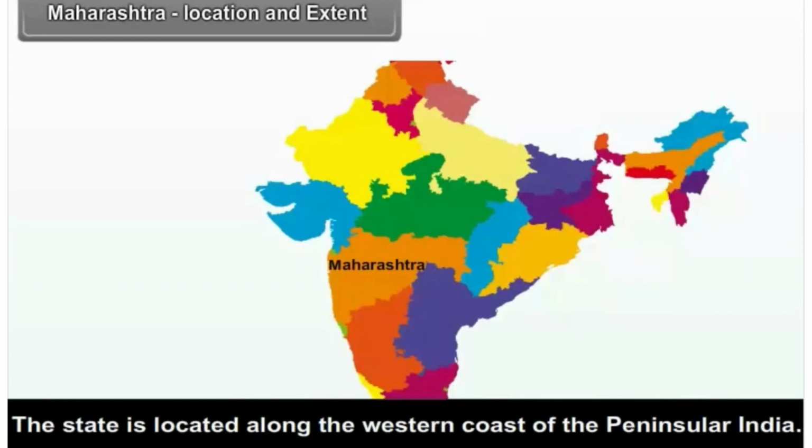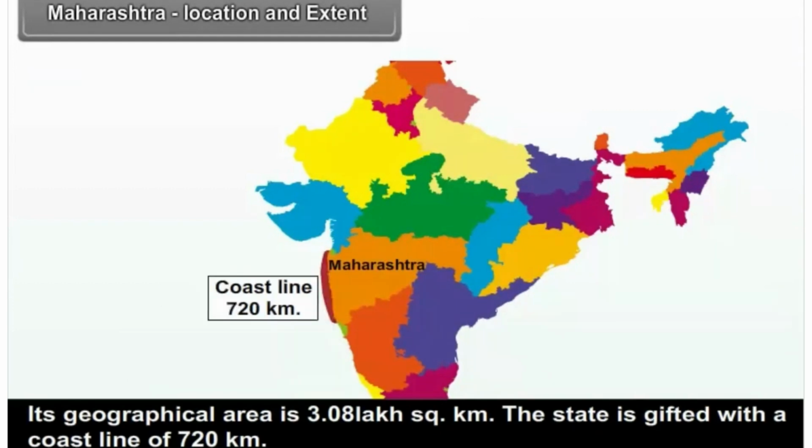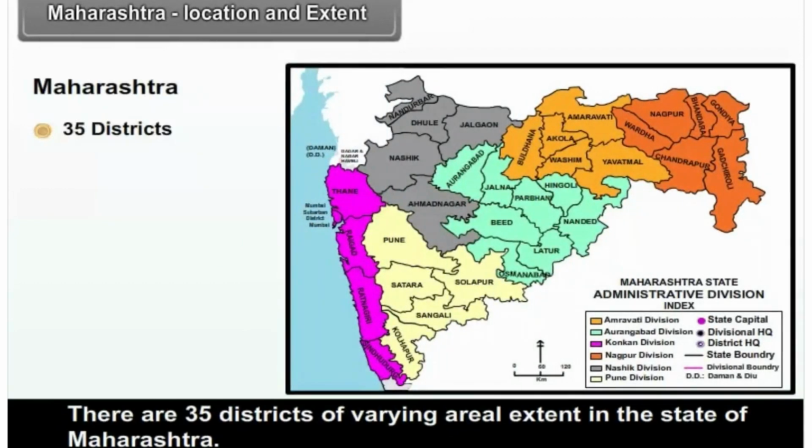The state is located along the western coast of the Peninsular India. Its geographical area is 3.08 lakh square kilometers. The state is gifted with a coastline of 720 kilometers. There are 35 districts of varying areal extent in the state of Maharashtra.